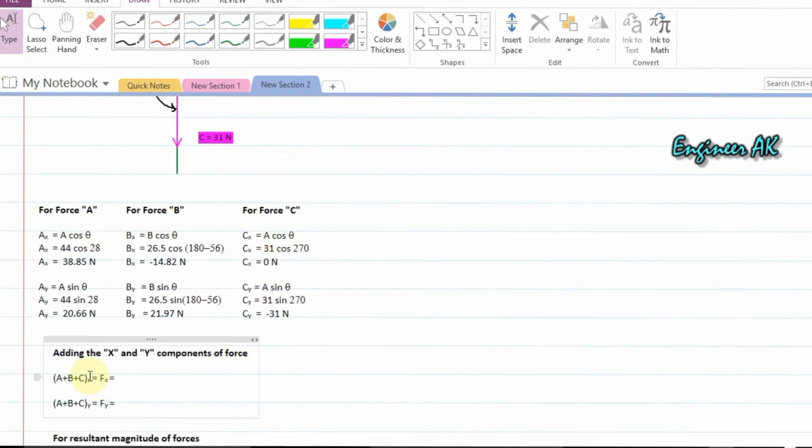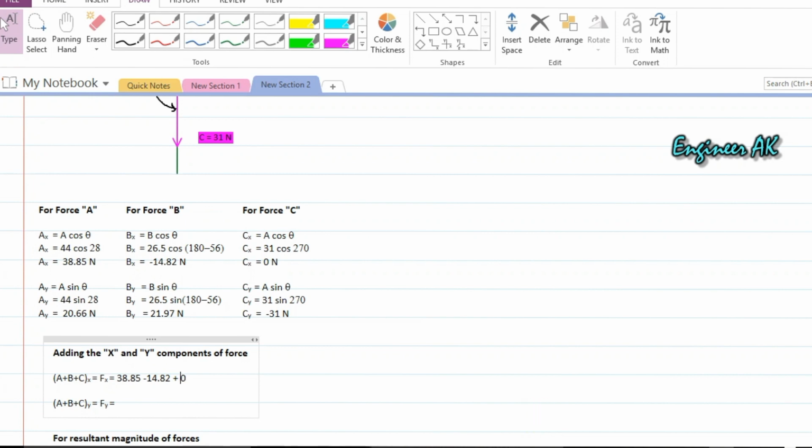Now we have found the x and y components of all these forces. If I want to find the sum of forces in x, we can sum up all these values. For x we have 38.85 plus, sorry, minus 14.82, since plus and minus become minus, and plus 0.